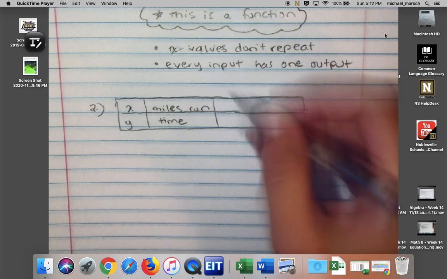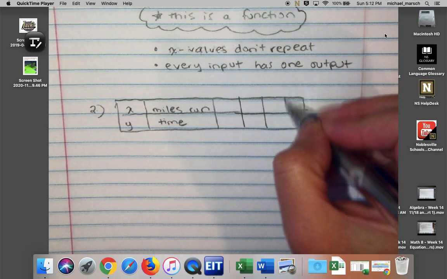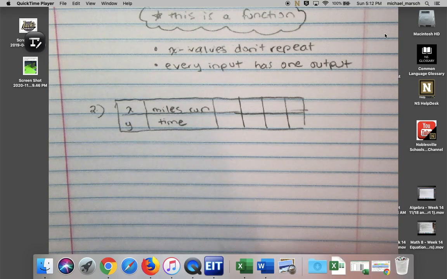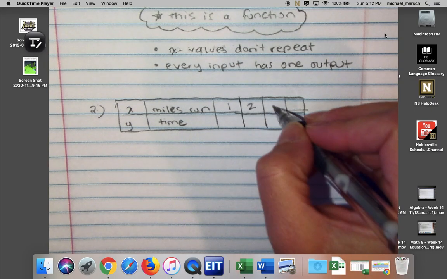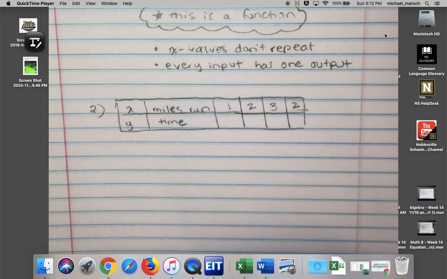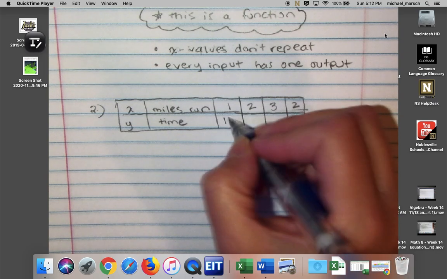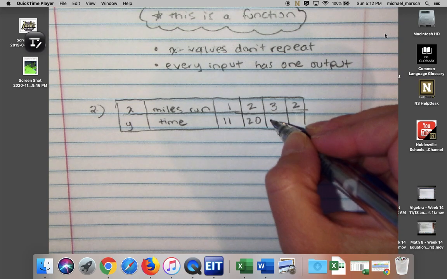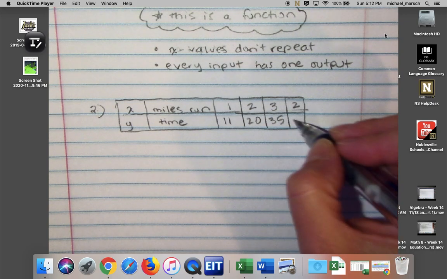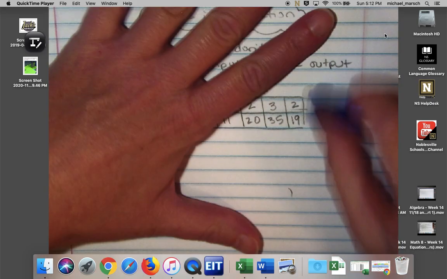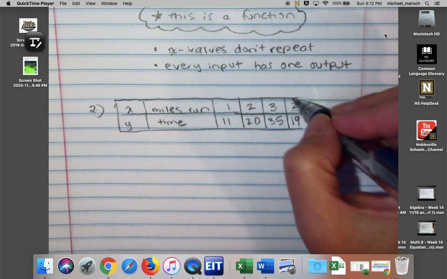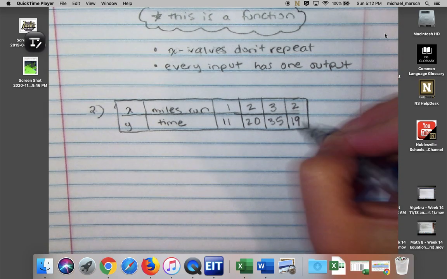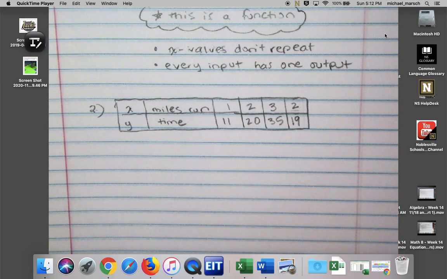Okay? So let's say you're keeping track. Maybe you're training for some kind of race, and so you keep track of how many miles you run and what your time is, right?